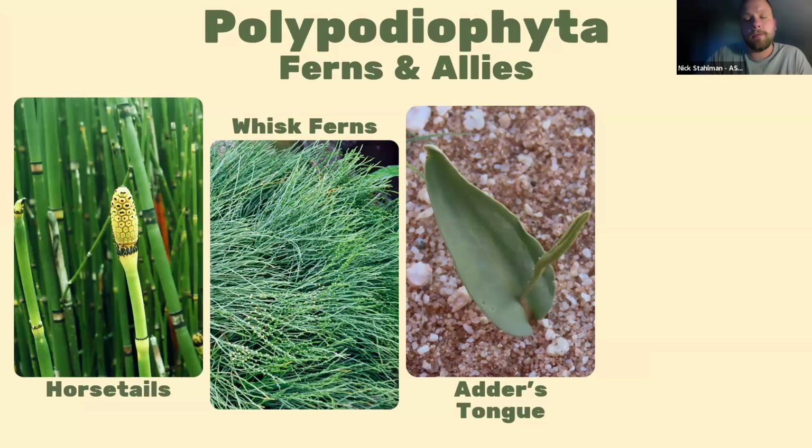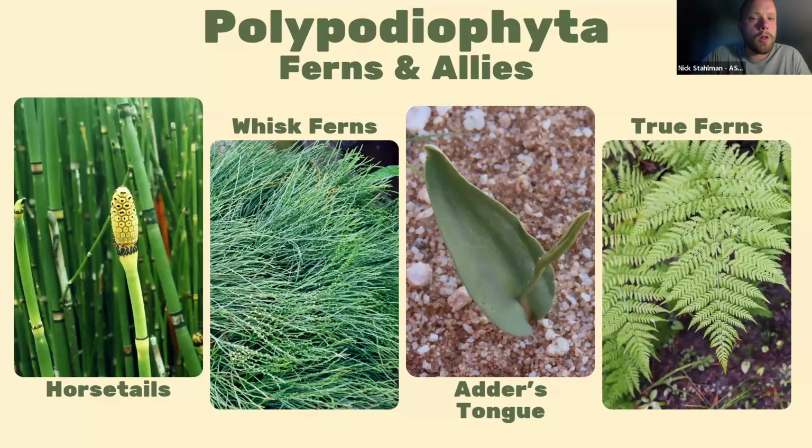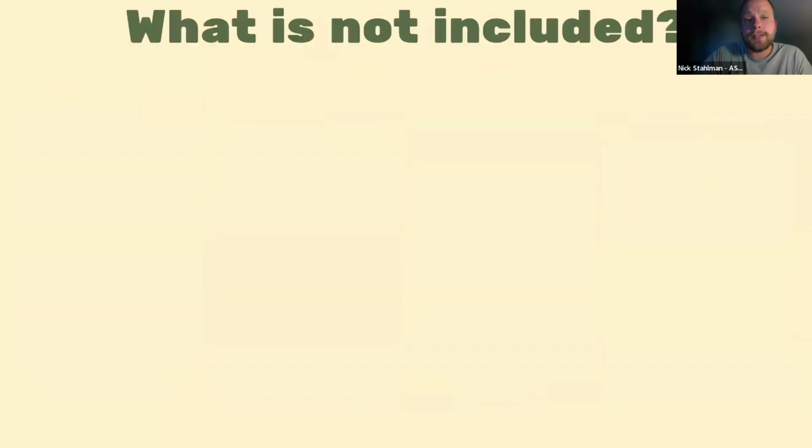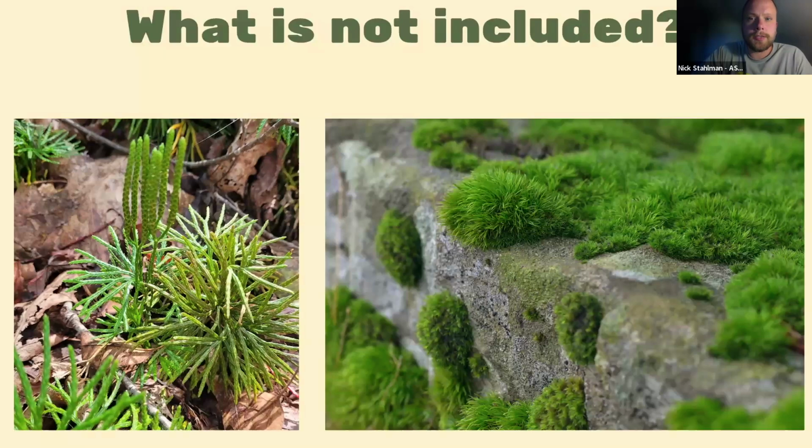If you see these, you're very lucky. These can be quite rare, but they are ferns. And then we have what we'll call our true ferns. So we'll really focus on the true ferns tonight, but I do want to hammer down that what's not included are our club mosses and our true mosses. So these are not ferns.